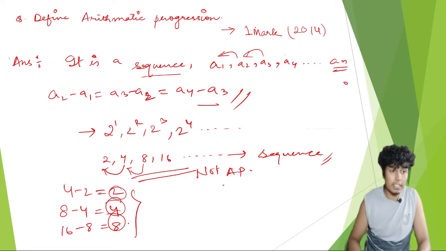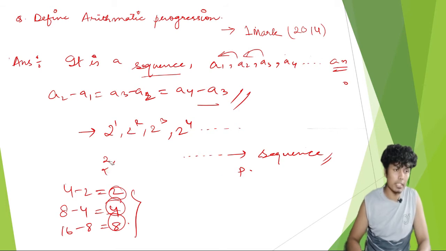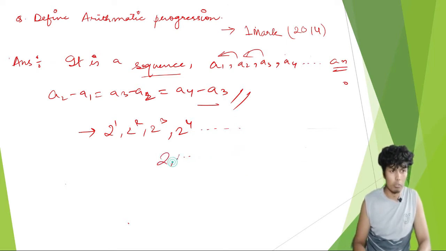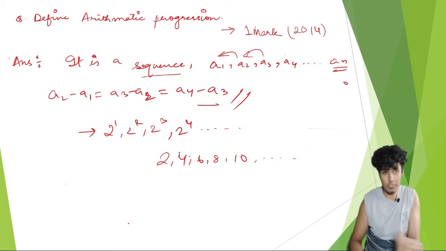Now another example. Let me take the example which we have taken before. It was 2, 4, 6, 8, 10, and so on. This is a sequence of even numbers.